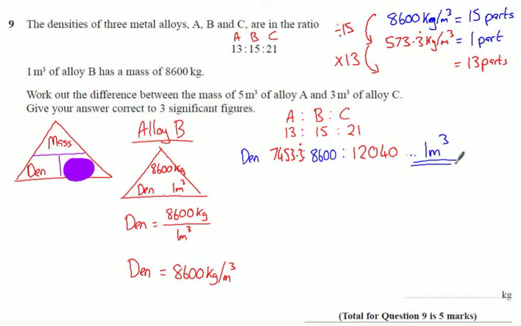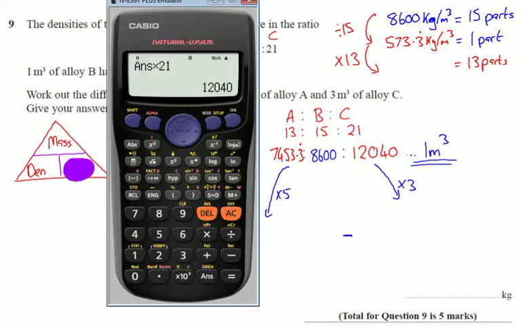It's asking me to work out the difference between the mass of 5 meter cubed of A and 3 meter cubed of C. So I need 5 of these and 3 of these, and then get the difference, which will be a subtract between those two. What have I on my screen? I've got this, so I'm just going to multiply that by 3 and get 36,120.